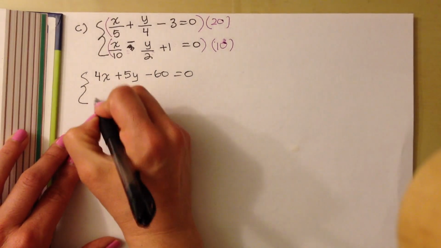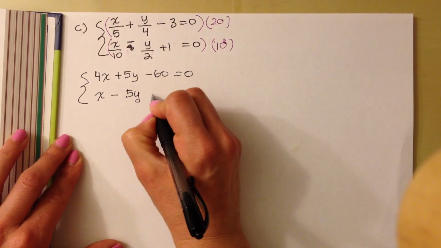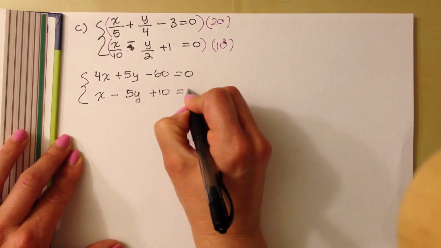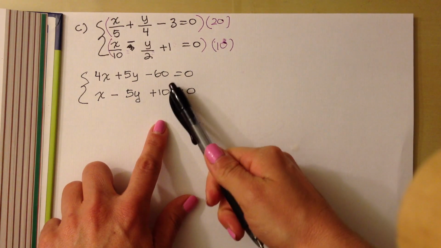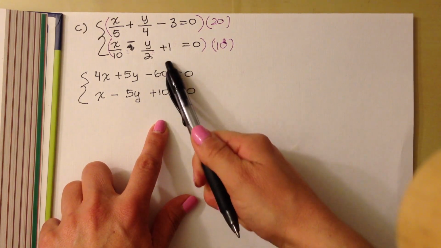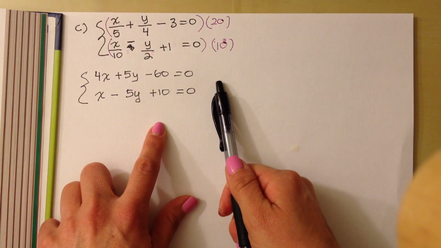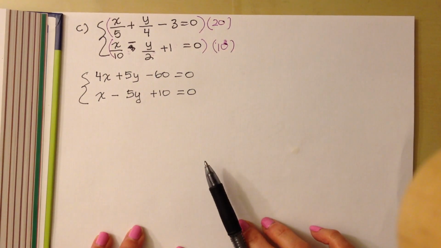Equation 2 becomes x minus 5y plus 10 is equal to 0. So these two equations are slightly different because the constants, the numbers, happen to be on the left side. You can leave them here or you can move them to the right side. It doesn't matter. Now we need to solve by substitution.